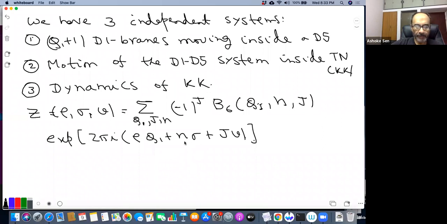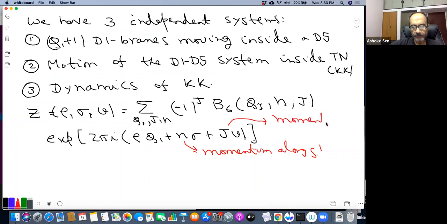Here, n is the momentum along S1, and J is the momentum along S1 tilde.